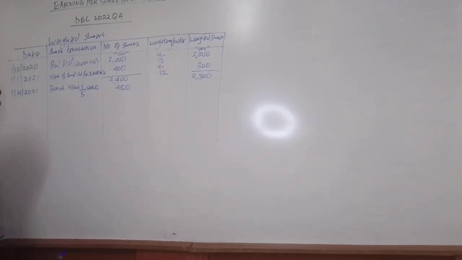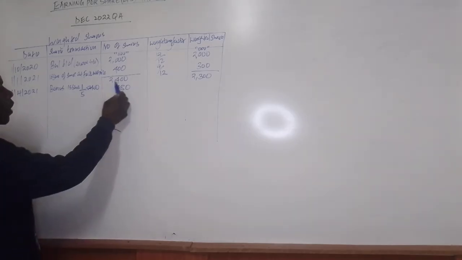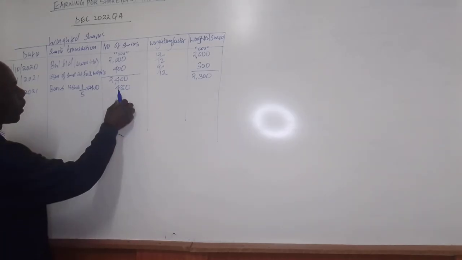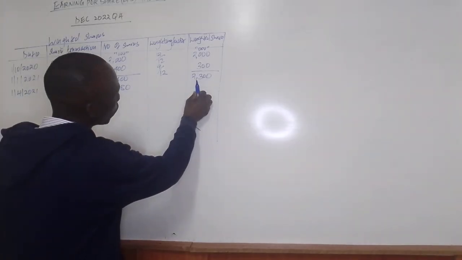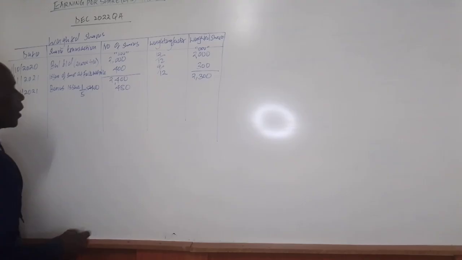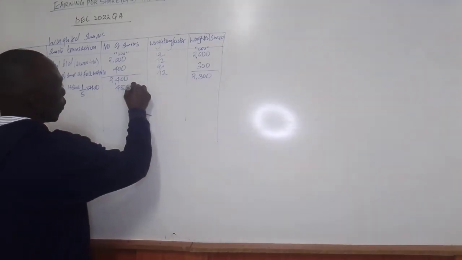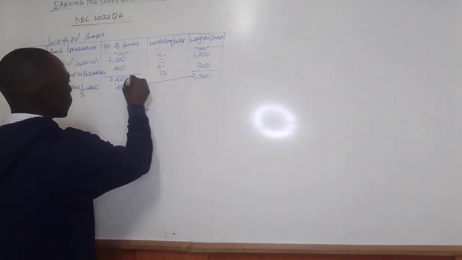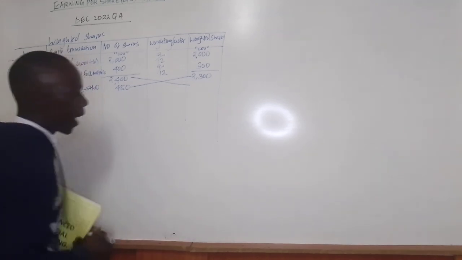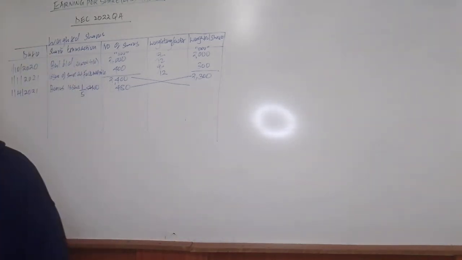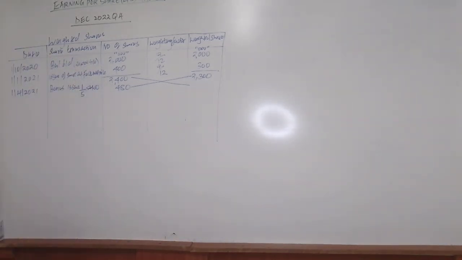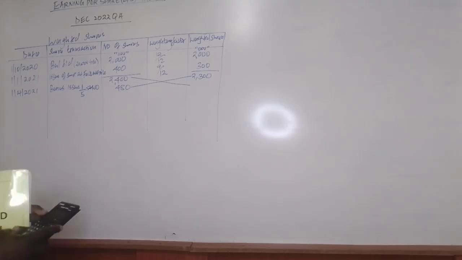So what you can say is that if 2,400 will give you 480, what about 2,300? So in that case, it's very simple. You just cross multiply. And when you cross multiply, how many shares are you going to get? So it will be 480, you multiply by 2,300.